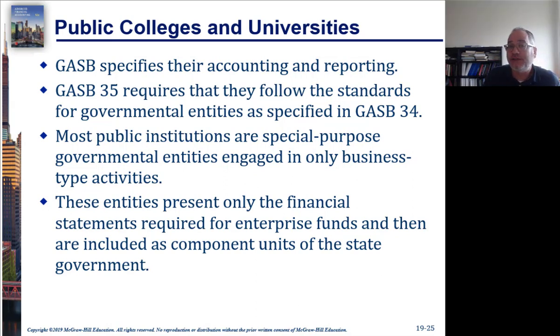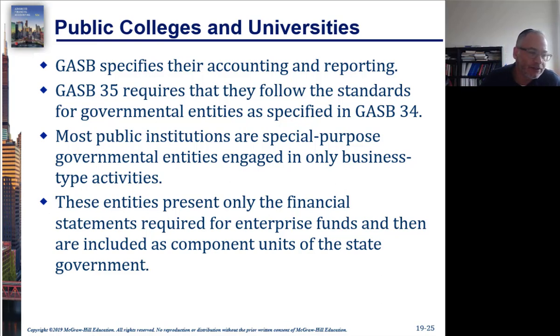That's because the tuition paid by students is meant to cover most of the cost of the services that are being provided. So these are in essence enterprise funds, and therefore the accounting is going to be very, very similar to FASB accounting. And again, they've got to be included as component units of the state government.